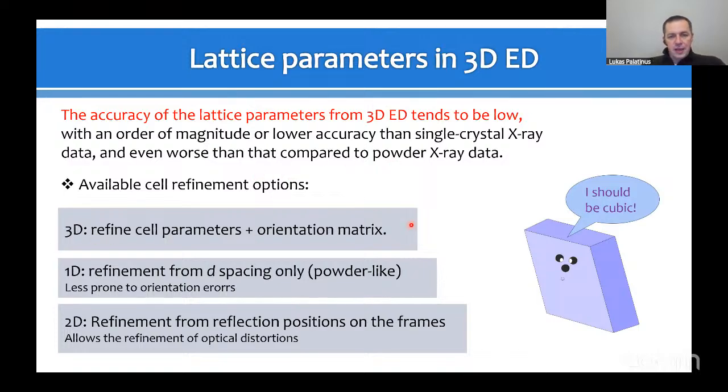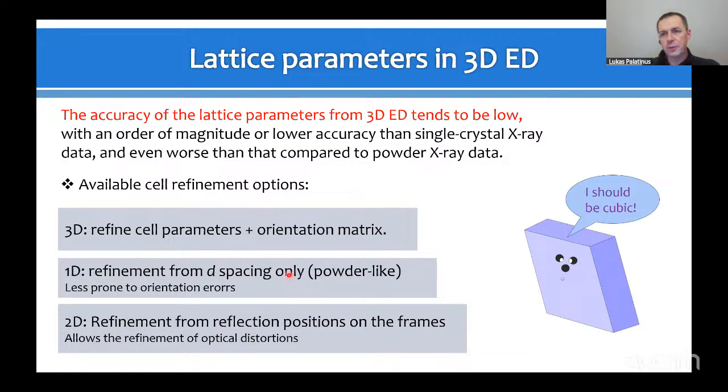The first and the most straightforward is just the 3-dimensional refinement of cell parameters against the positions of reflections in 3D space. This is the standard way, but the most prone to all these errors in crystal orientations and also in optical distortions. Then there is a 1D refinement or refinement from D spacings.